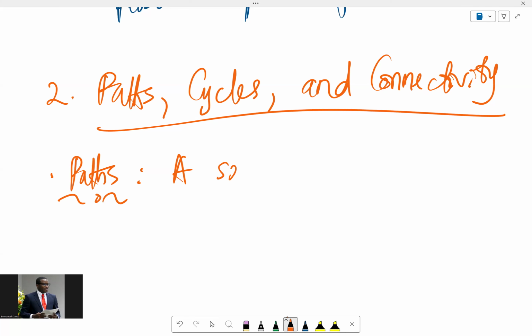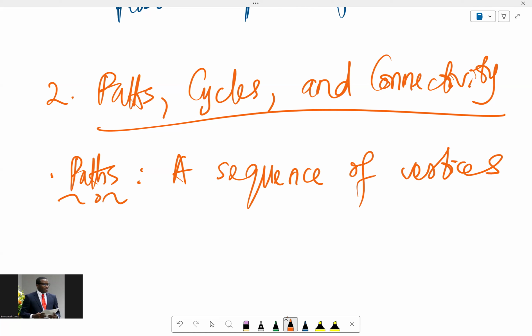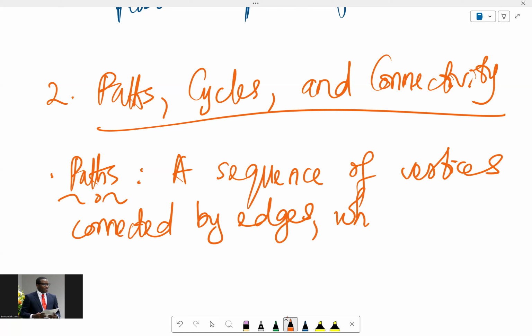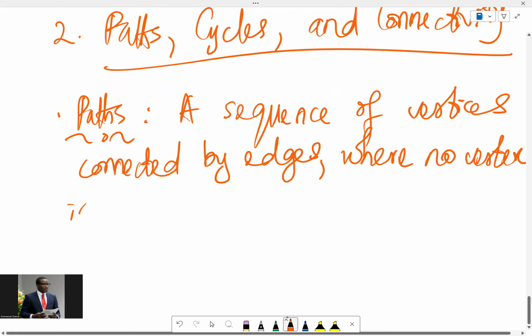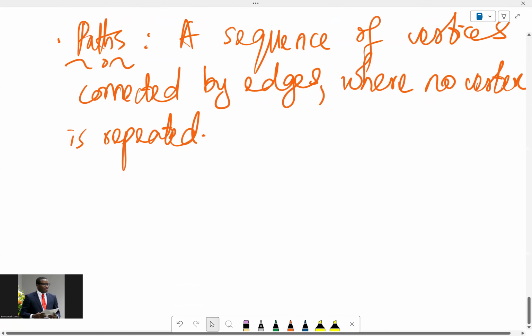Paths are simply a sequence of vertices connected by edges where no vertex is repeated. So when a vertex is not repeated, of course, that cannot be a cycle, because if you go back to where you started from, that would be like a cycle.